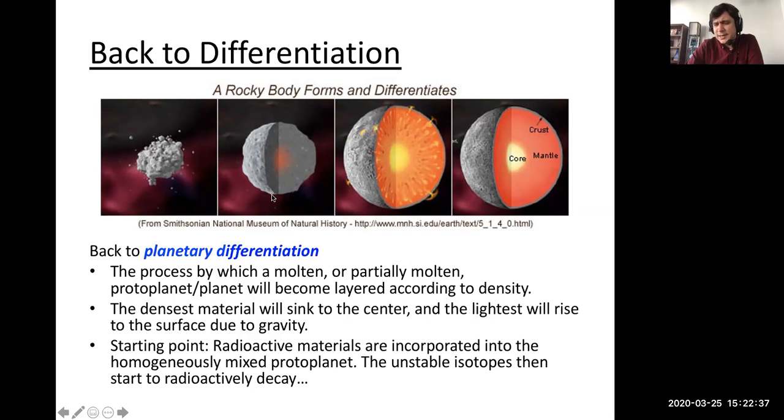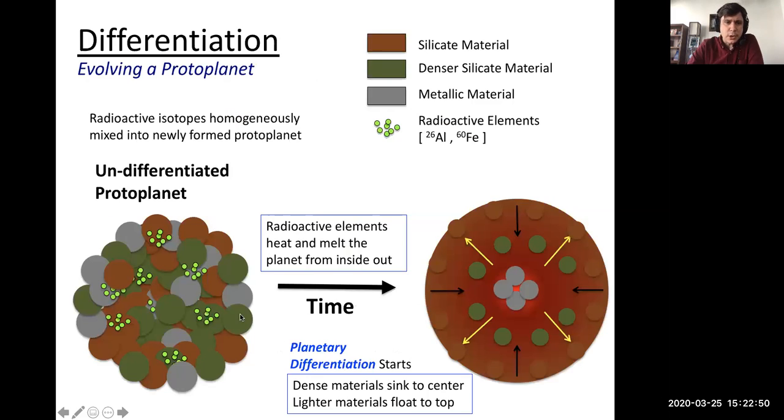And remember that planetary differentiation is layering a planet according to its density. The densest stuff is in the center. The least dense stuff is at the surface. So I've tried to put together some pictures here so we can actually see this process play out and give you a visual you can put into your mind. So here I have an undifferentiated protoplanet, the end result of the accretionary era where we just put together the proto-Earth.